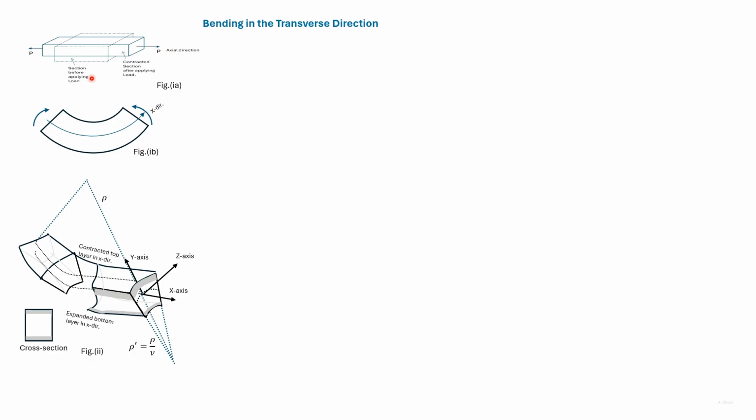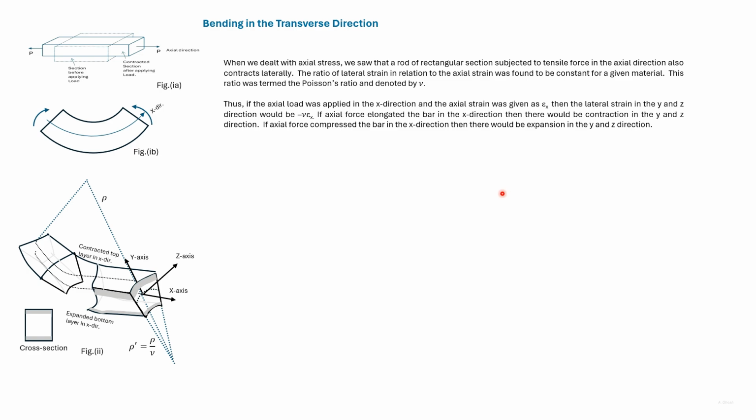Here the contraction is shown in an exaggerated manner. We earlier discussed that the ratio of the lateral strain to the axial strain for a given material is found to be constant. It is known as the Poisson's ratio and denoted by nu. So if epsilon x is a strain in the x direction, then in the y and z direction, the lateral strain would be minus nu into epsilon x.